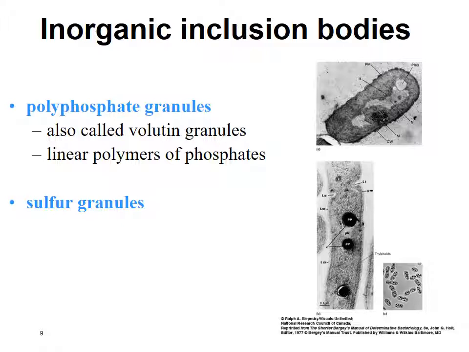Polyphosphate functions as an important component of cell constituents, such as nucleic acids, and polyphosphate can also serve as an energy source in cell reactions. Sulfur granules are also inorganic inclusion bodies, and these are used by some bacteria for the temporary storage of sulfur.